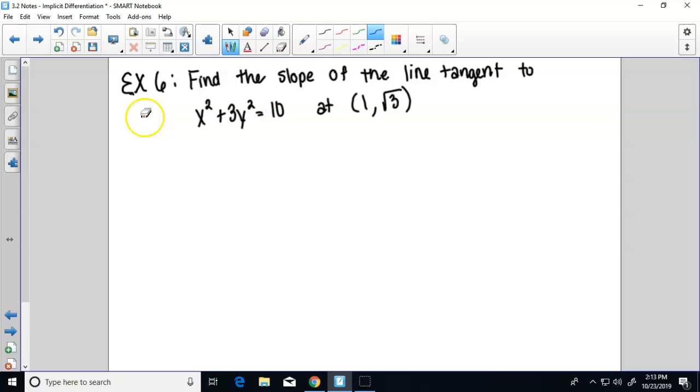Okay. All right, so these can also be used to find slopes of tangent lines, or full equations of tangent lines as well. So number 6 is to find the slope of the line tangent to x squared plus 3y squared equals 10 at 1, square root of 3.